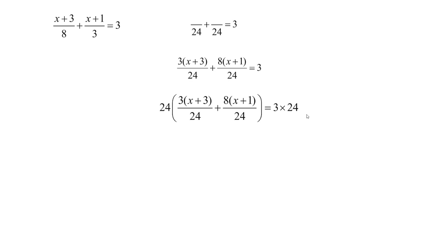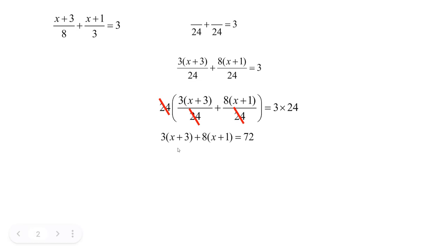So we have the following. Now we can cancel out our 24s on the left-hand side and be left with the following: 3(x + 3) + 8(x + 1) equals 72. Remember we had to multiply the right-hand side by 24 as well, which is how we got our 72.